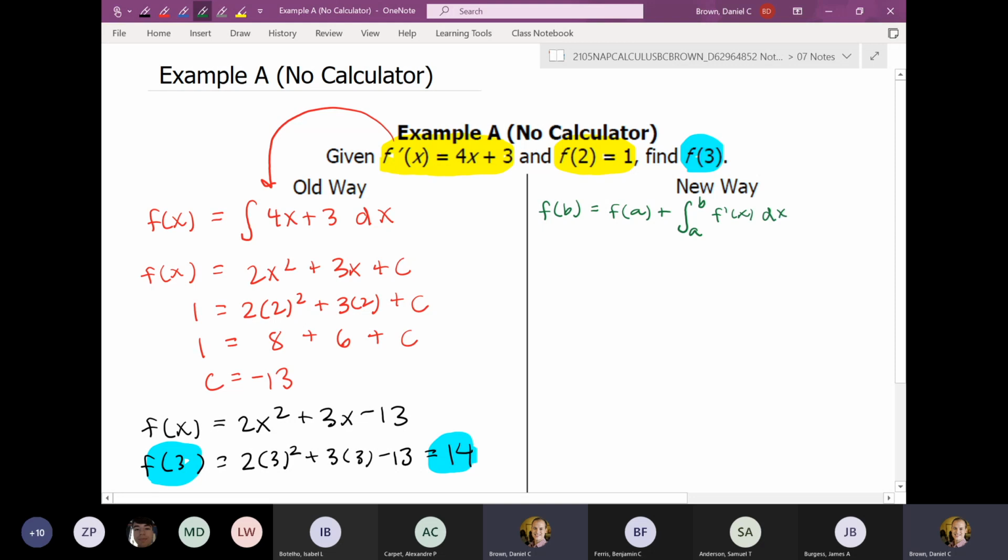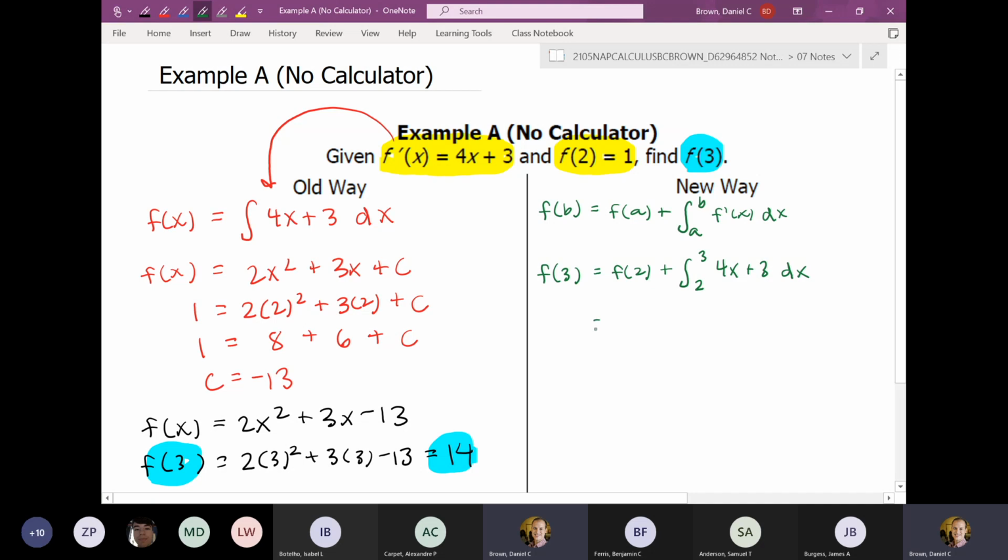What is the f of b I'm trying to find? I'm trying to find f of 3. Well, if I start at f of 2, I'm going to integrate from 2 to 3 the derivative of f. And then just plug and chug, work it out. We will see that f of 3 is 14, but we can see this skips some steps, introduces other steps, where we end up with the same answer.